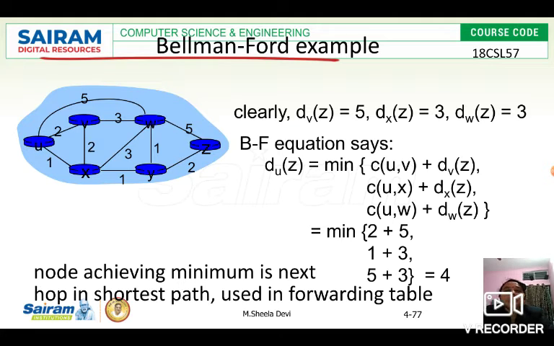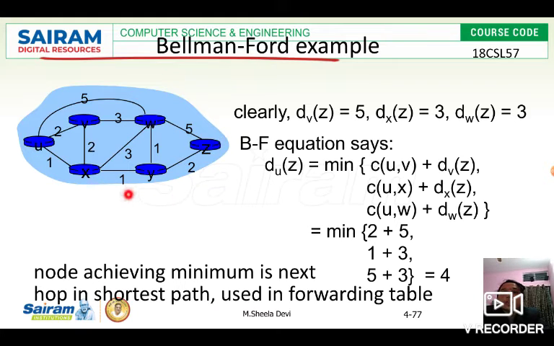See here, I have taken an example network. In this, the distance of v to z is equal to 5 and dx(z) is equal to 3. X to z, where is x?